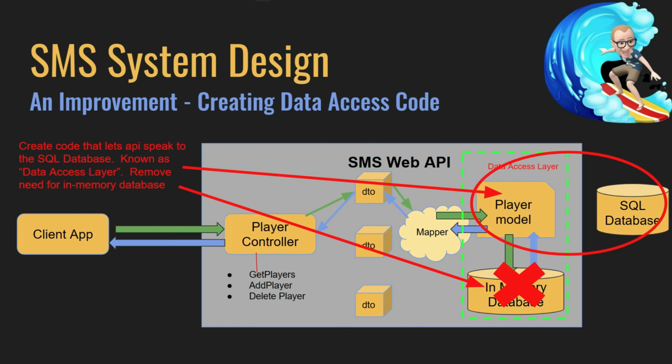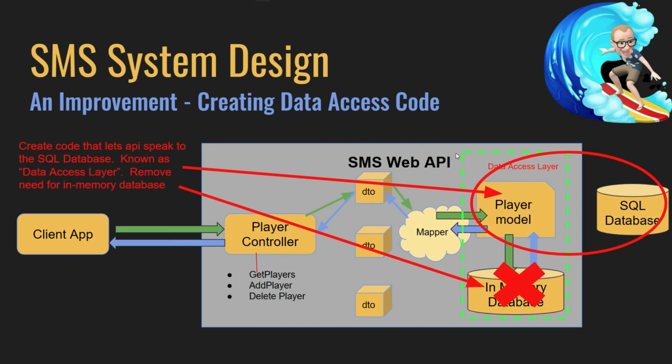So all the code in the data access layer has one responsibility, and that is to handle all database transactions or queries. So like I said, that is the area that will deal with how to select data from the database, insert data into the database, delete data from the database, and update data in the database.